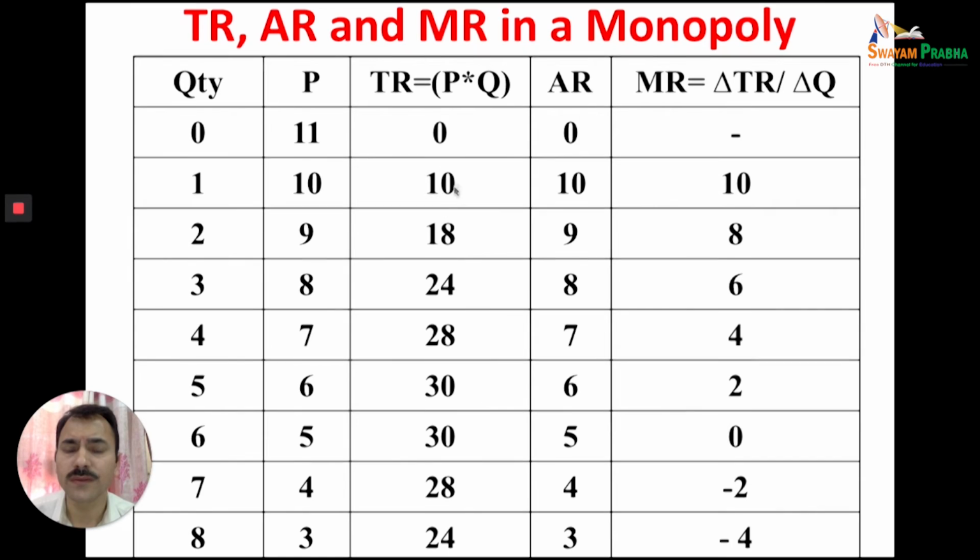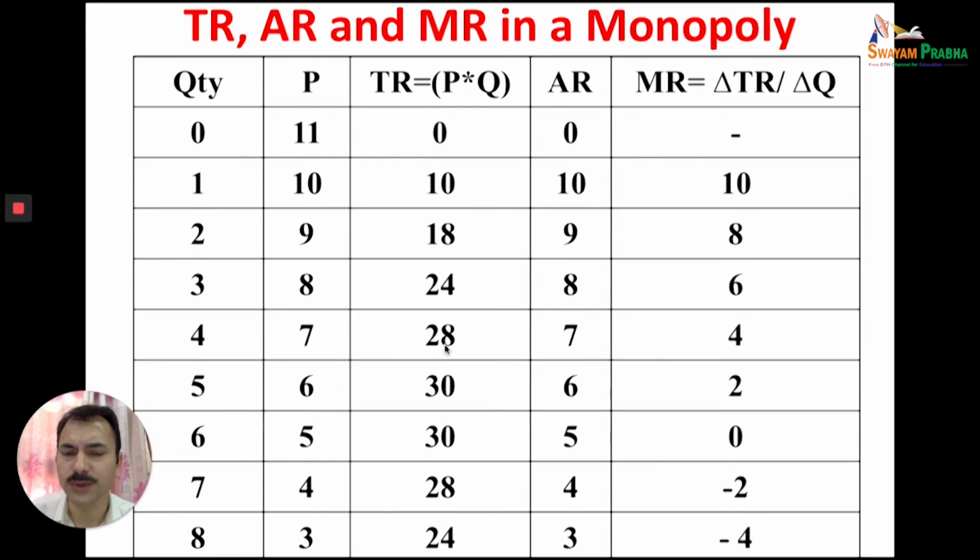Total revenue, as we have already studied in revenue, is price multiplied by quantity, the market price multiplied by quantity. Price is 10, quantity 1, total revenue 10. Price 9, quantity 2, the total revenue is 18. Similarly, price is rupees 8 and quantity 3, 24, and so on.